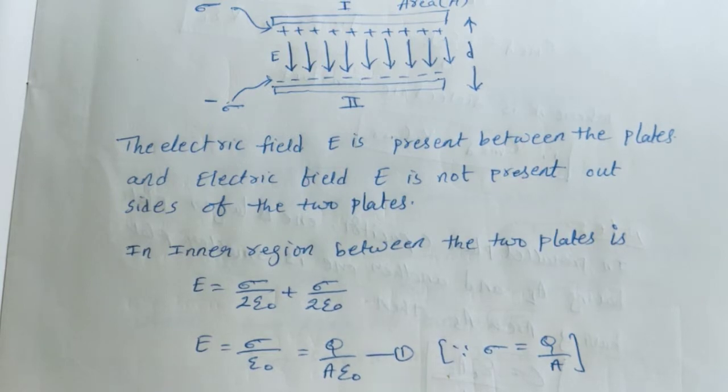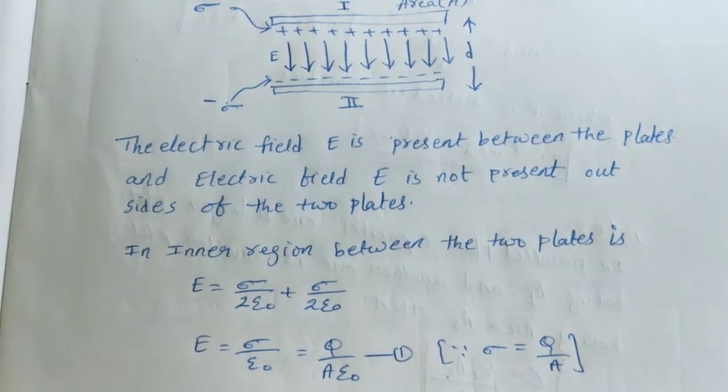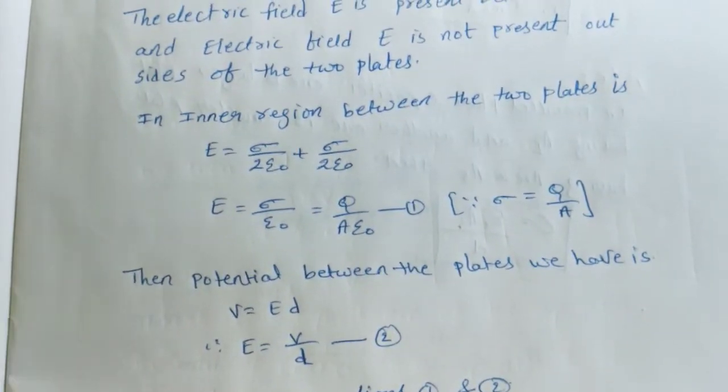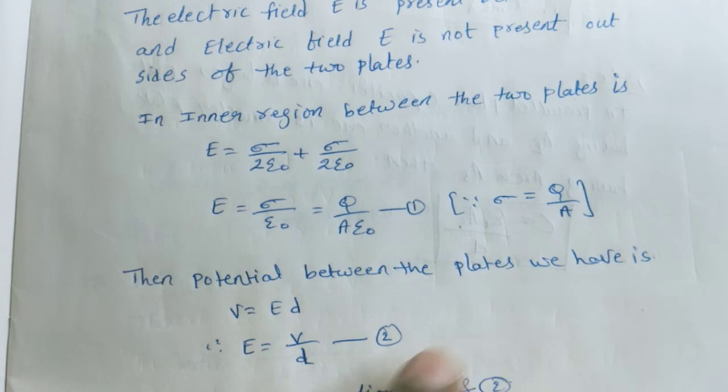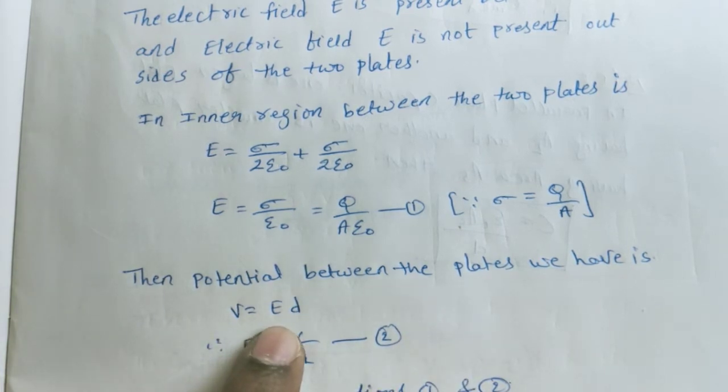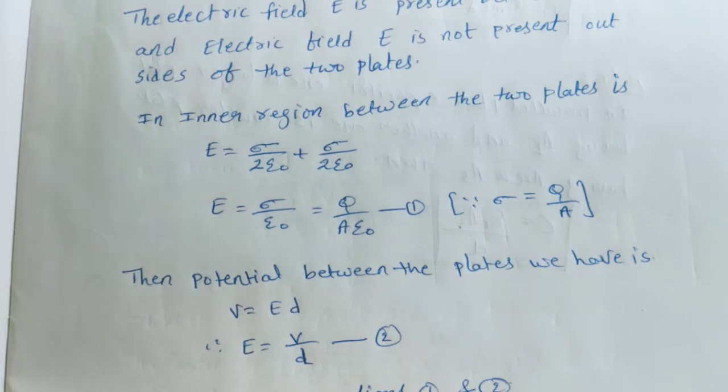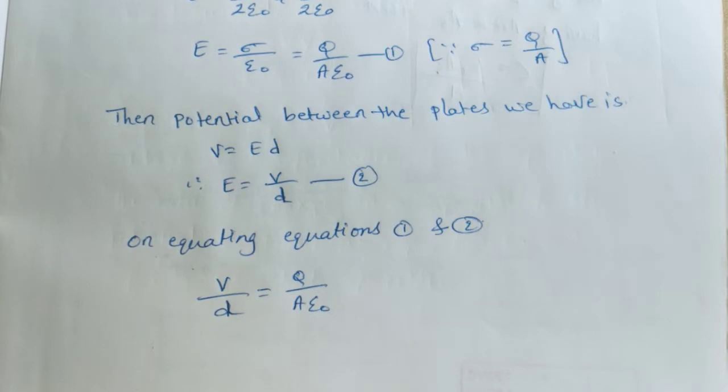Further, we discuss the potential developed between the plates. The potential between the plates is V equal to capital E into D. This is by the relation between electric potential and electric field intensity, which we remember as E equal to minus dV by dr. From that, we represent V equal to capital E into D, or capital E equal to V by D. Let us take that as equation 2.